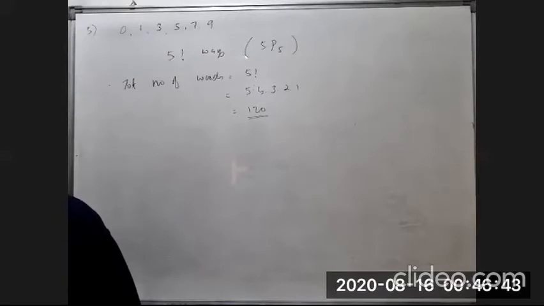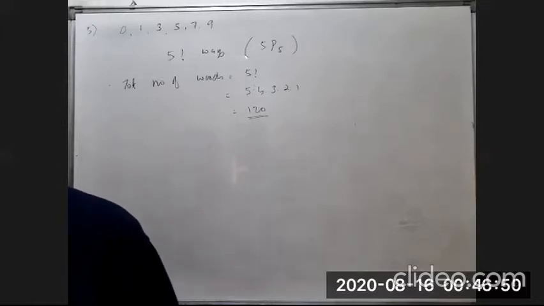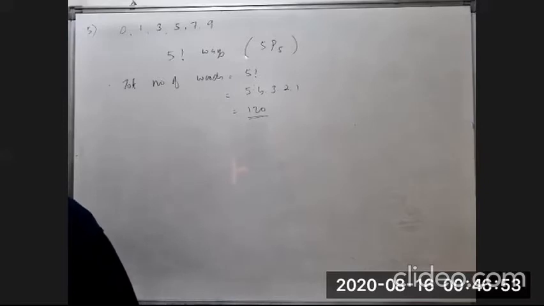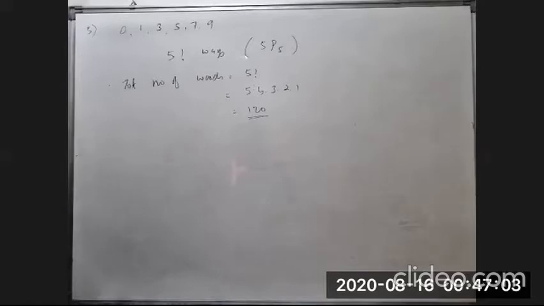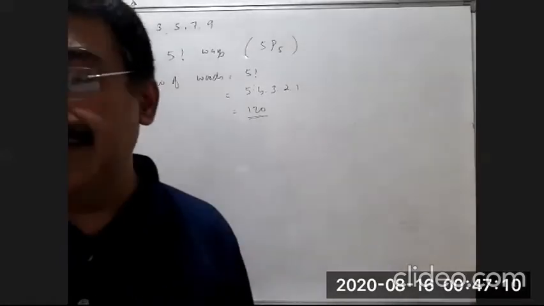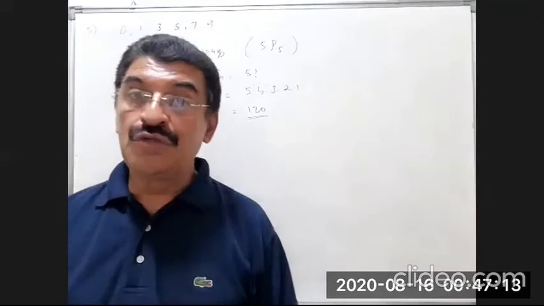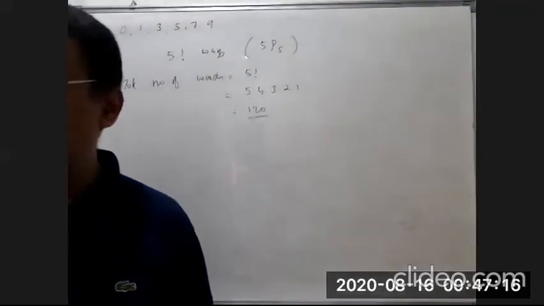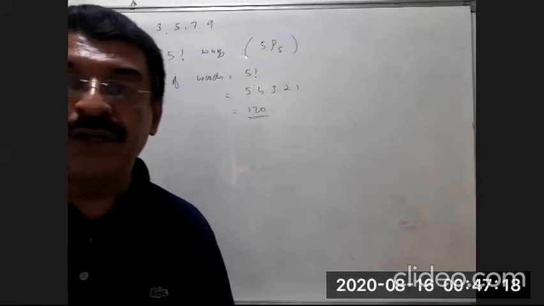Next one. The English alphabet has 5 vowels and 21 consonants. How many words with 2 different vowels and 2 different consonants can be formed? 2 vowels from 5 vowels, 2 consonants from 21 consonants.